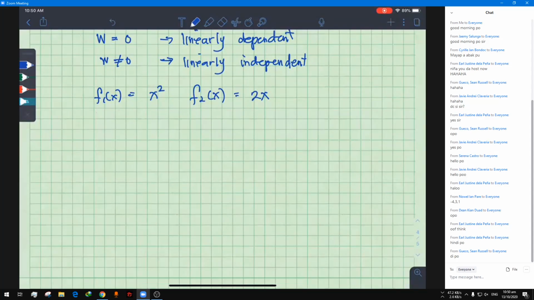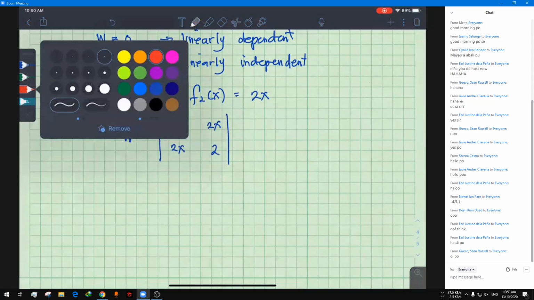So sabi natin kanina, gawin lang natin yung matrix. So x squared yung una, pangalawa would be 2x. Tapos, x squared would be, derive mo lang, 2x, so yung isa would be 2.